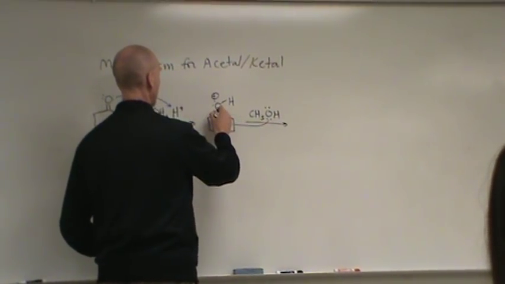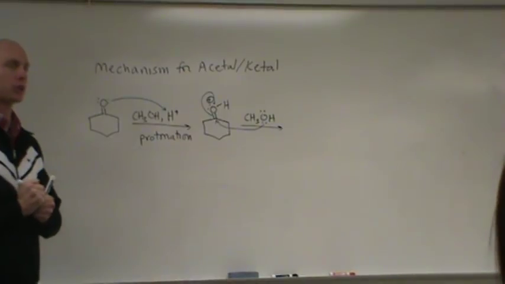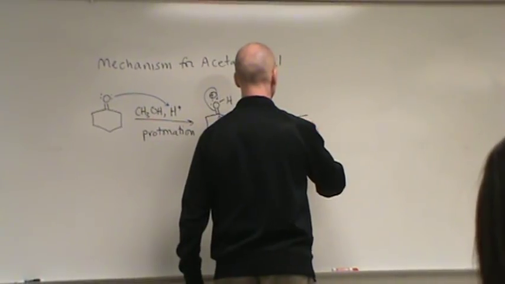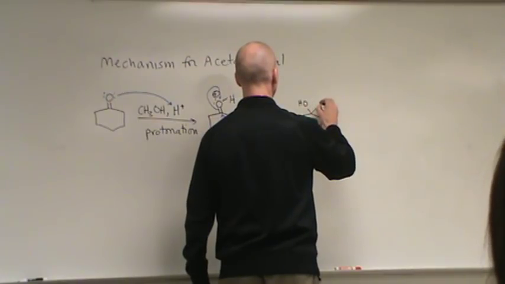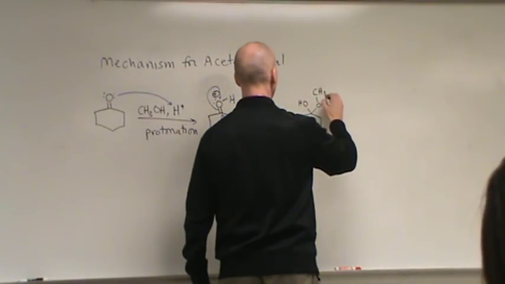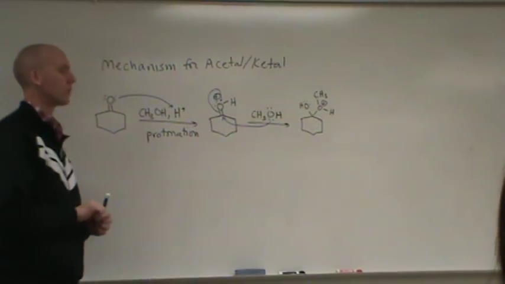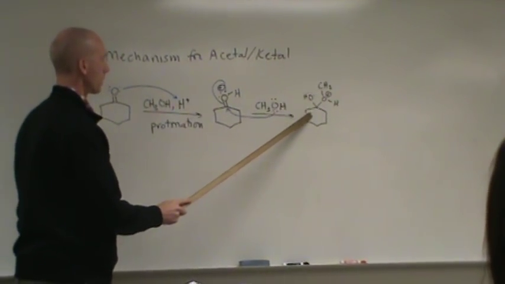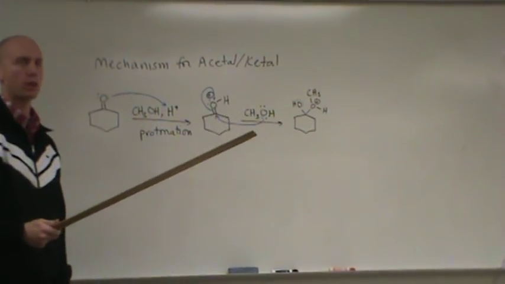So it attacks there, and then what happens? The pi electrons move up to the oxygen. So the carbonyl has now turned into an OH, and we've added on this alcohol to what was the carbonyl.